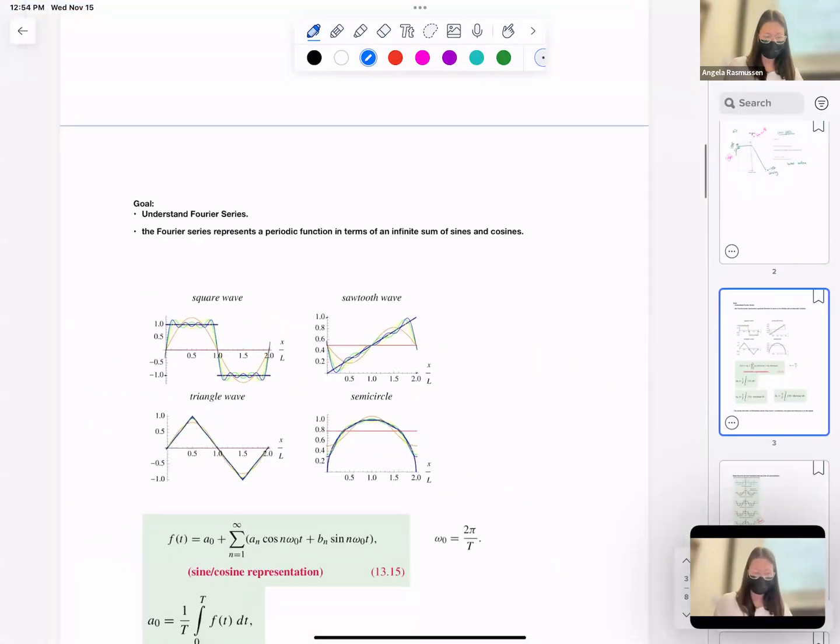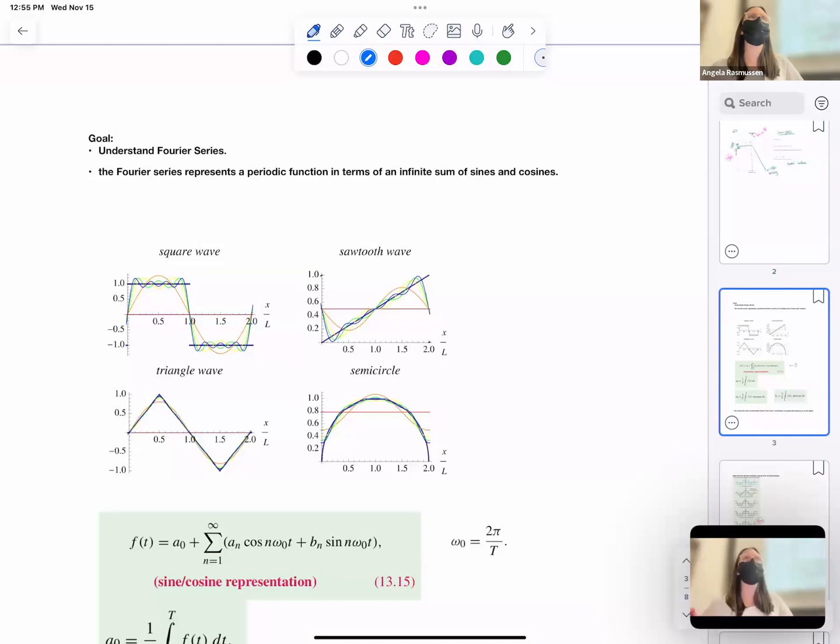Okay, so the next thing we're going to move into is called Fourier. There's first a Fourier series, and then we're going to get to Fourier transforms. This is another technique, just like Laplace, that's going to give us a little bit different information.